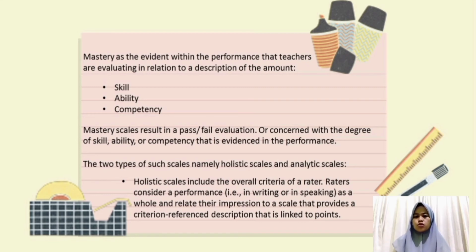There are two types of such scales, namely holistic scales and analytic scales. The first is holistic scales. Holistic scales include the overall criteria of a rater. Raters consider a performance, in this case in writing or in speaking, as a whole and relate their impressions to a scale that provides criterion reference descriptions that are linked to the points.